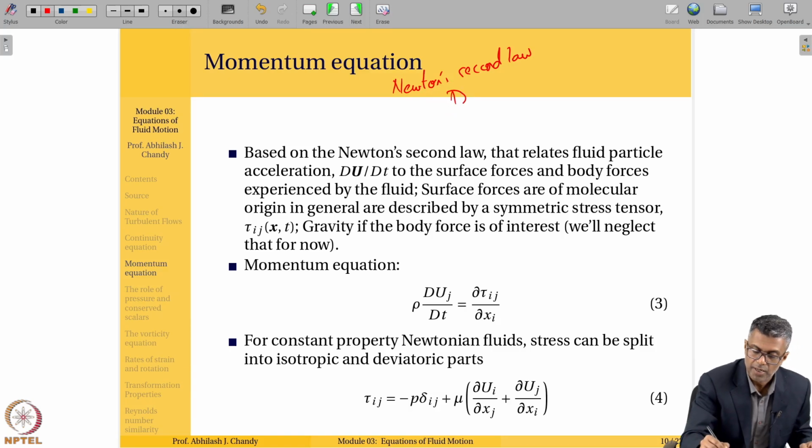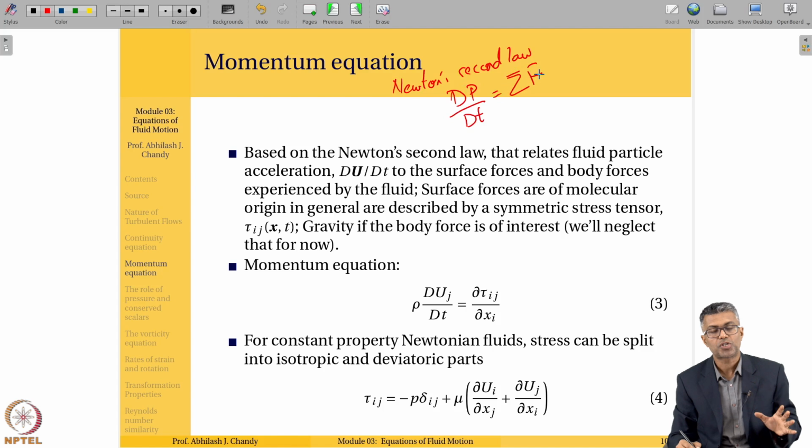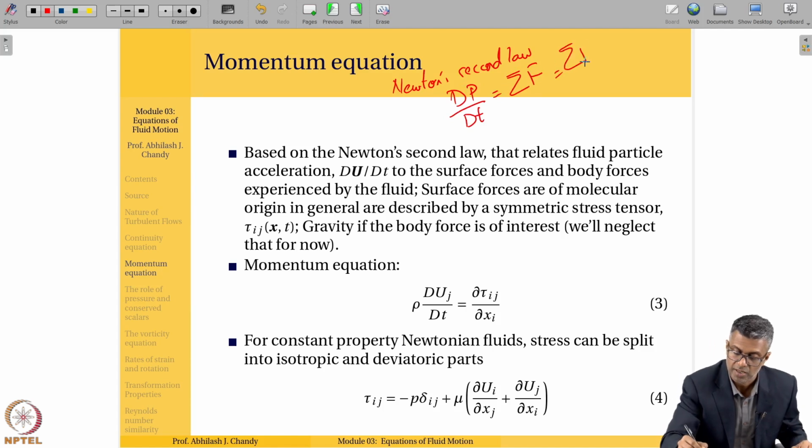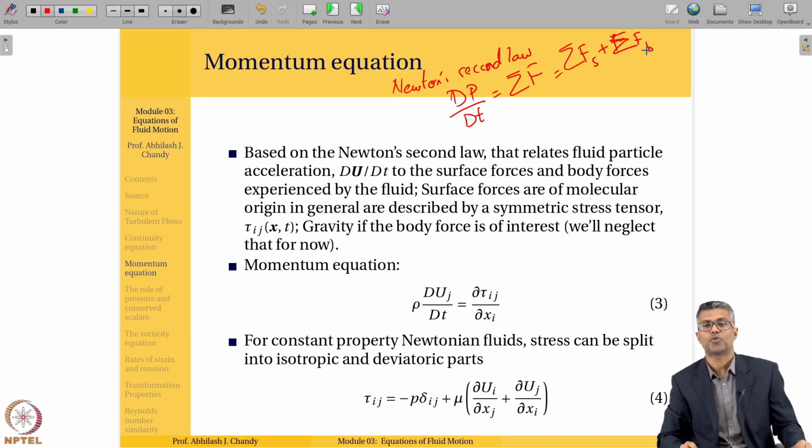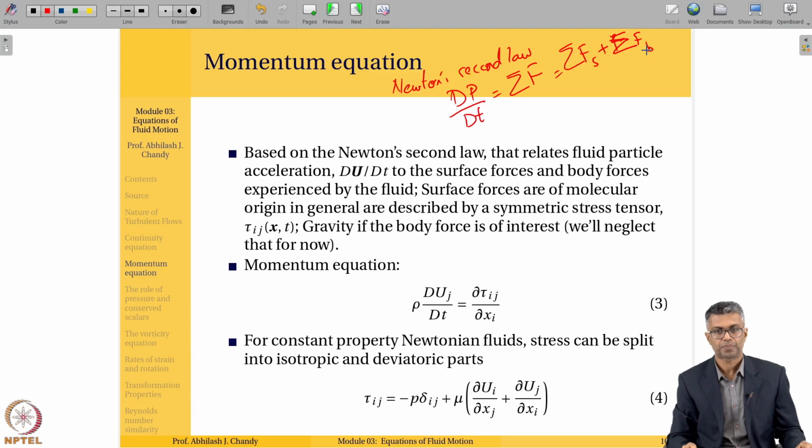So it is dp dt, where p is the momentum. The rate of change of momentum is the sum of all forces. Those forces include surface forces and body forces. So essentially it is Fs plus Fb, surface forces and body forces.